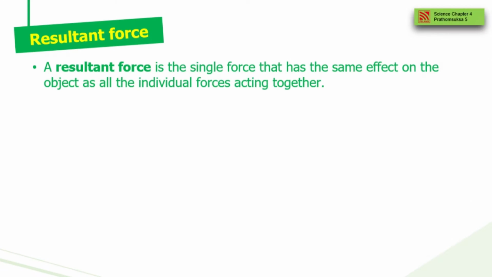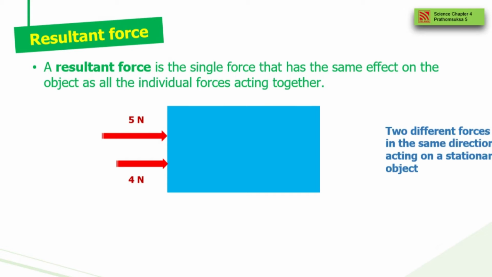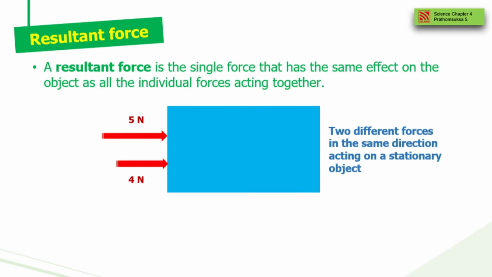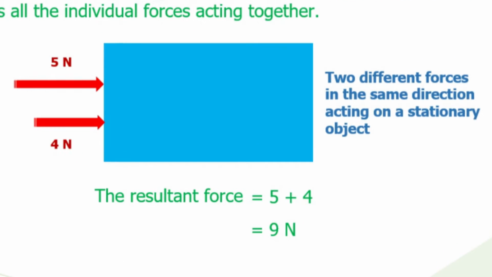Resultant force is a single force that has the same effect on the object as all the individual forces acting together. It is a merge of two forces, force A and force B. If force A and force B are in the same direction, they will add to make the resultant force.